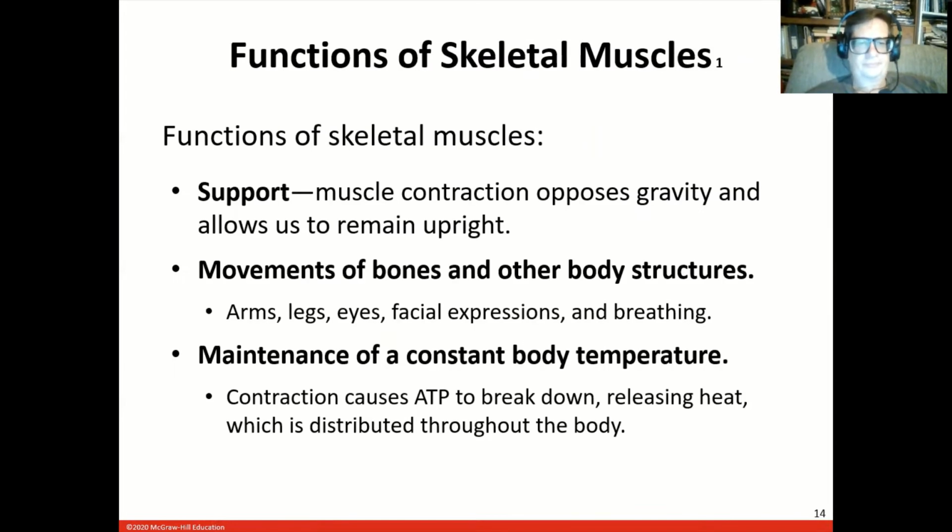Okay. So the function of skeletal muscles, they provide support. They pull on the bones so that you stay upright. They move the bones and other body structures. When they say other body structures, there's the example of breathing. Breathing's pretty important.